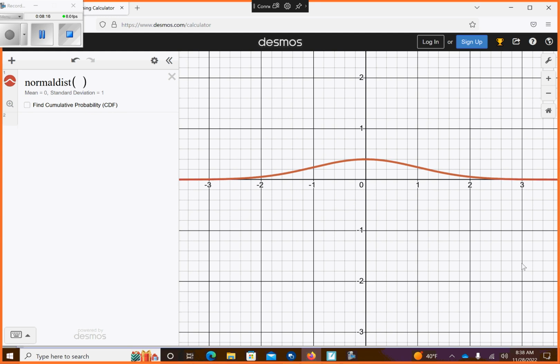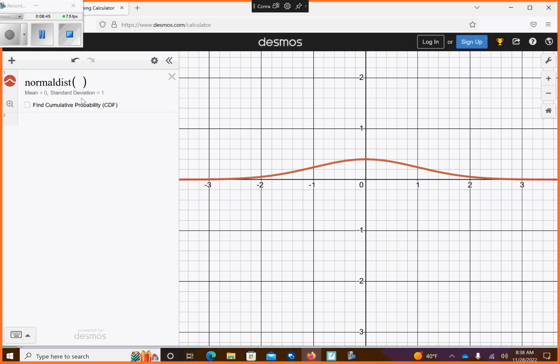But let's say we wanted to know what percent of the area is between a z-score of negative 0.75. So negative 0.75 is somewhere over here, okay? And then 0.25. And 0.25 would be somewhere here. So if we were to look at what percent of area falls in there, we could find it. Now, you could use calculus, but we're not there. So let's use statistics.